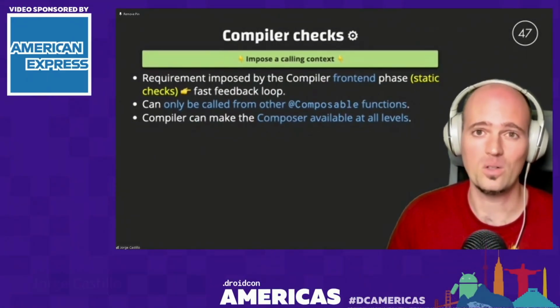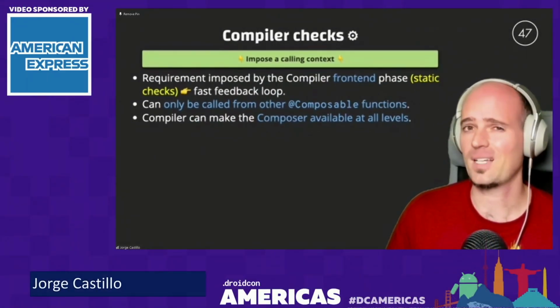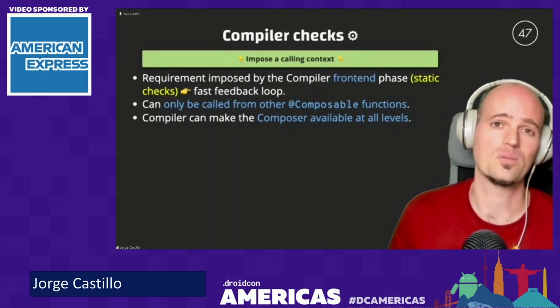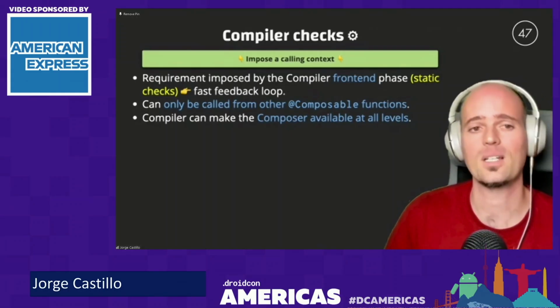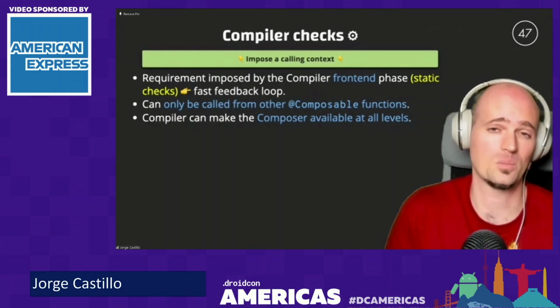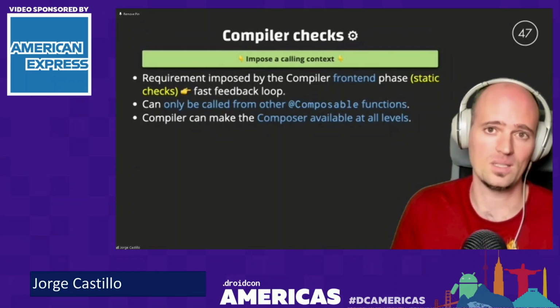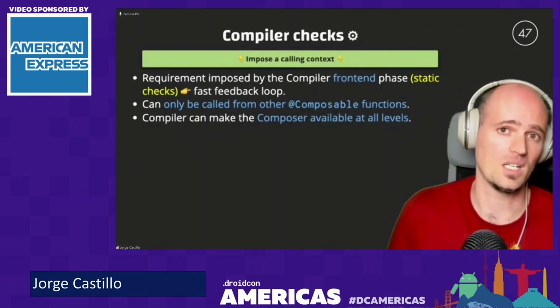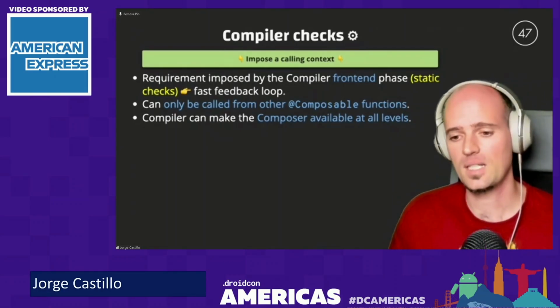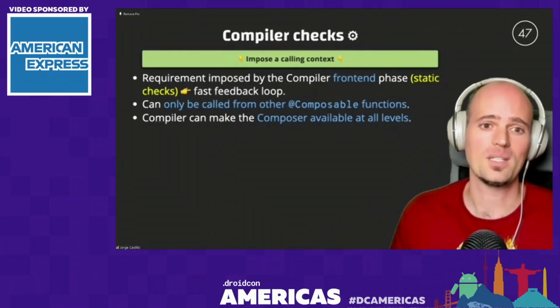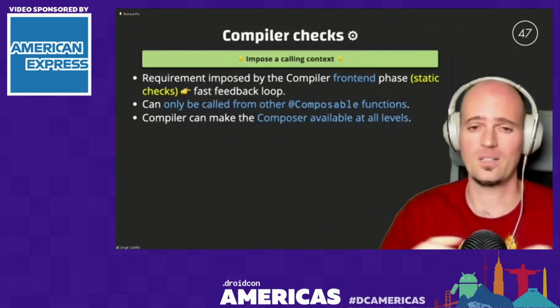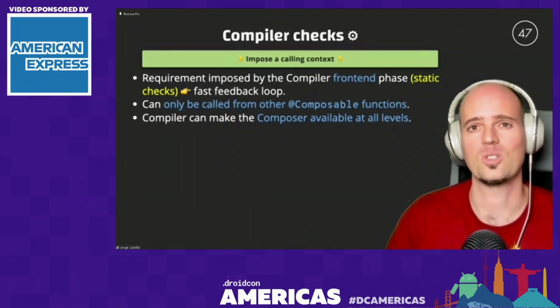Otherwise, you cannot really call these UI effects, we could say, from anywhere. You need to be in a safe environment that is prepared to run effects of this nature. So they create this calling context requirement, and that ends up enforcing the requirement for the whole composable call stack.